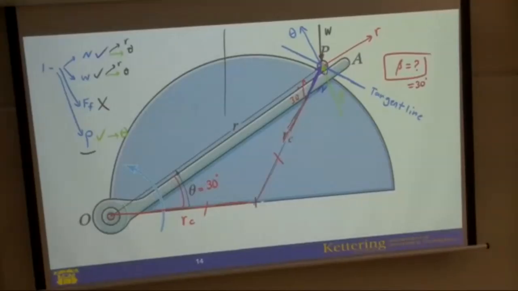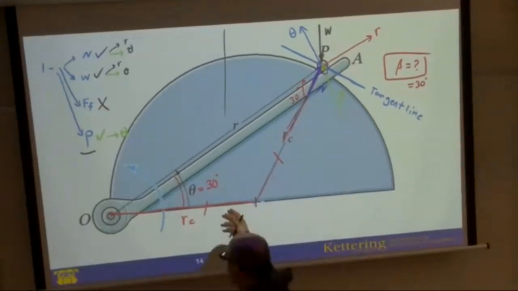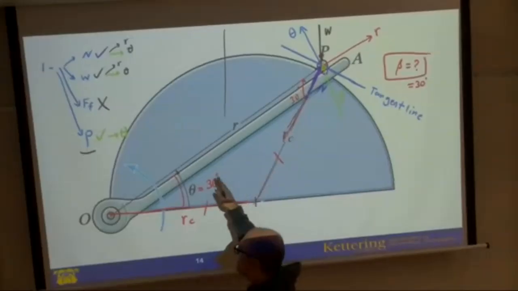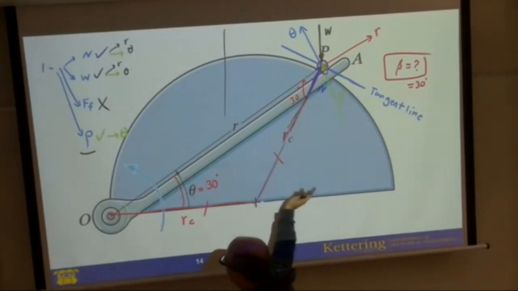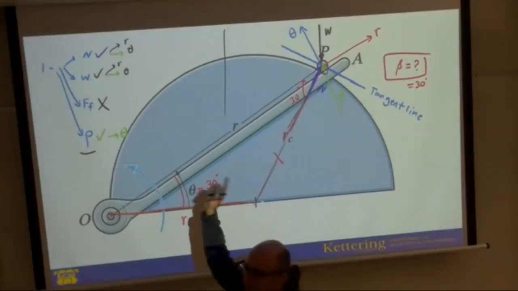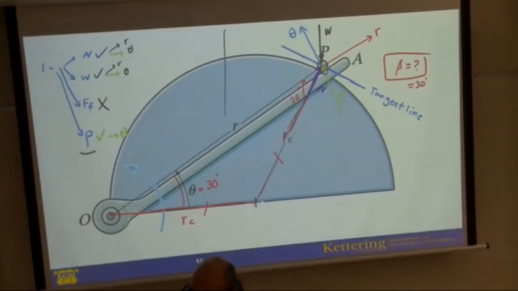Most of the time, you can find it from this relation. Sometimes it's different angles, and some of the problems are not always moving along circular paths. You can move along other paths.